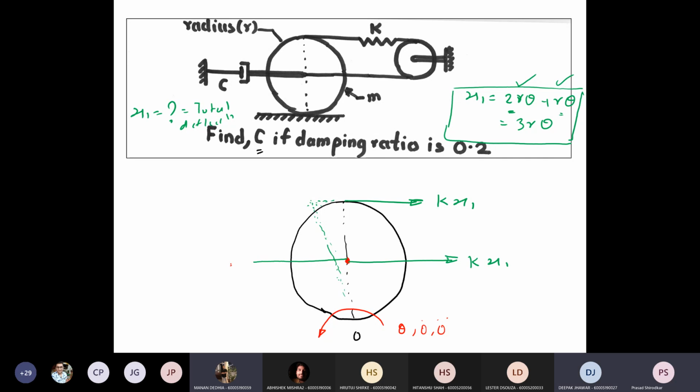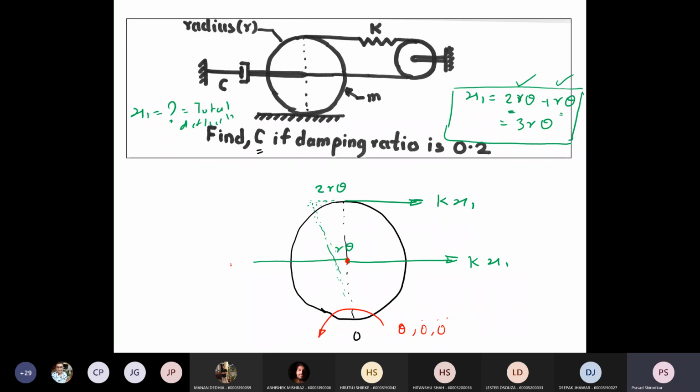The deflection at the center is r theta and at the top it is 2r theta. Okay. So this is 2r theta and this is r theta.